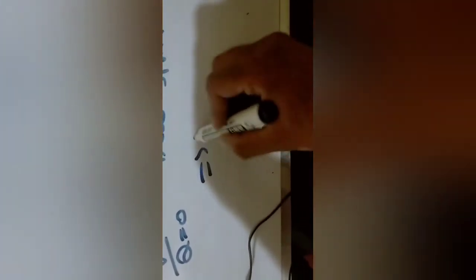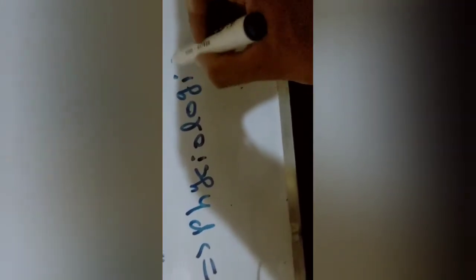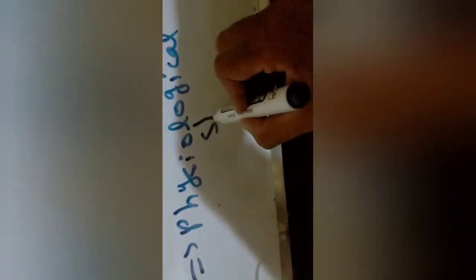There is no blood available for the exchange. And what is the physiological shunt? Physiological shunt is when there is blood available but no ventilation, no air is available.